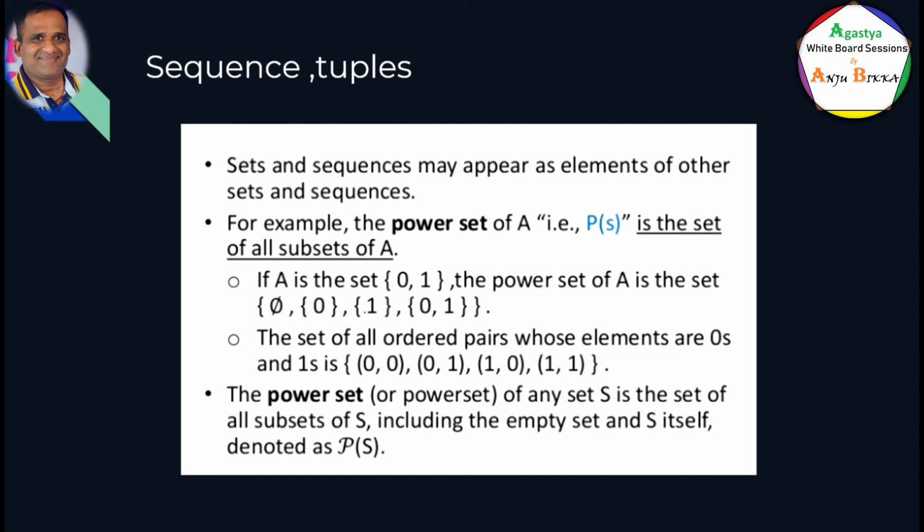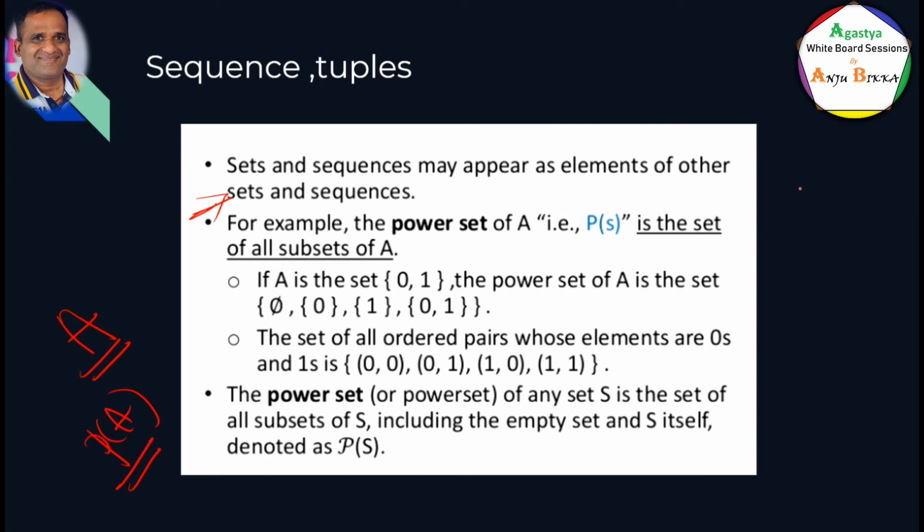Now, sets and sequences may appear as elements, like what we discussed. A set can consist of other sets as elements. Now we are going to discuss, if there is a set A, what is P(A), the power set?